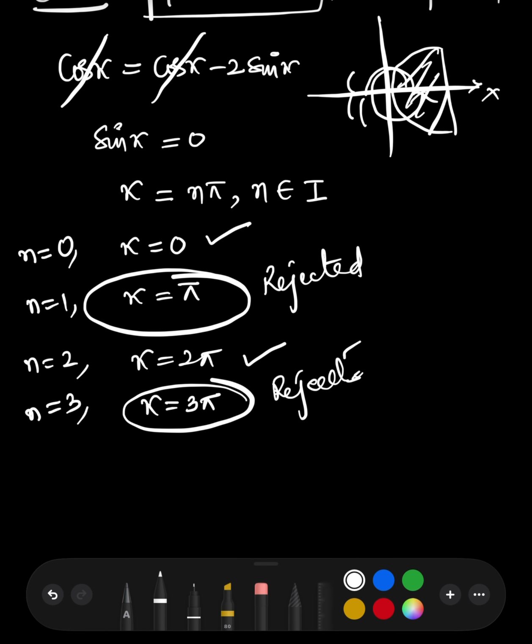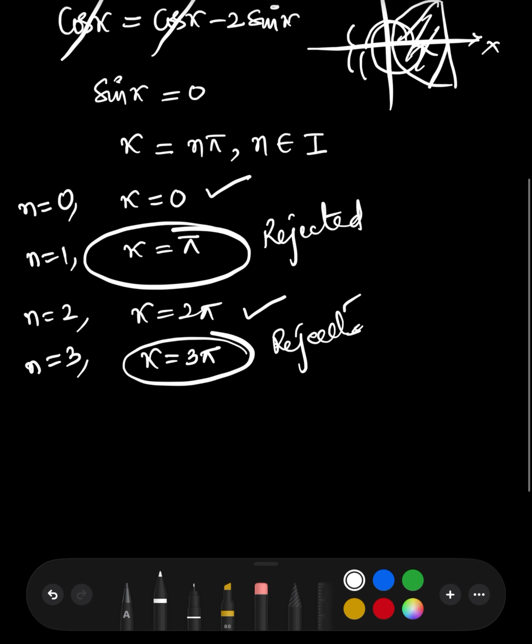So the solutions we are rejecting clearly are the odd multiples of pi, and the solutions we are considering here are even multiples of pi.